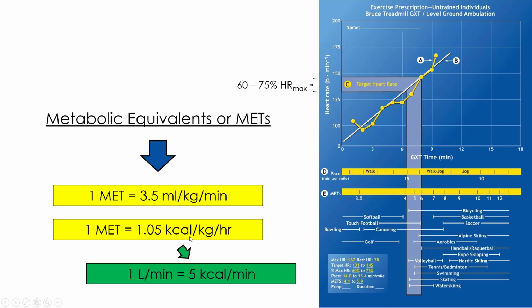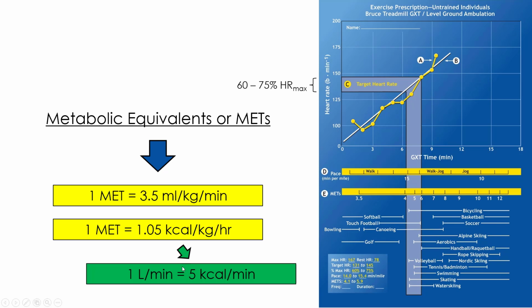And lastly, there's one more conversion that I want you to know. And this is in green here because it's very similar to what you can get here with the METs. But let's say you have the oxygen consumption data, and you do because you ran them through a VO2 max test. Every liter per minute, absolute oxygen consumption here, not relative anymore, absolute, so 1 liter per minute equals 5 kilocalories per minute of caloric expenditure.